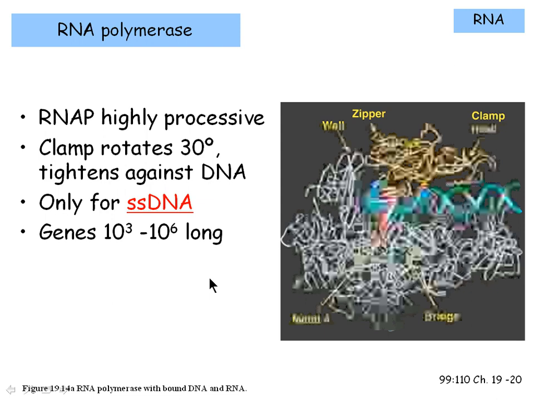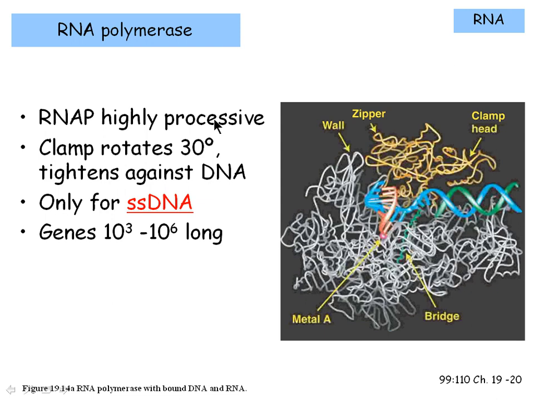Another feature of RNA polymerase is that it is highly processive. We talked about this before in terms of DNA polymerases. We talked a little bit about some enzyme, a few of the metabolic enzymes, the ones that process glycogen, for instance. But certainly, these are far more processive than those.